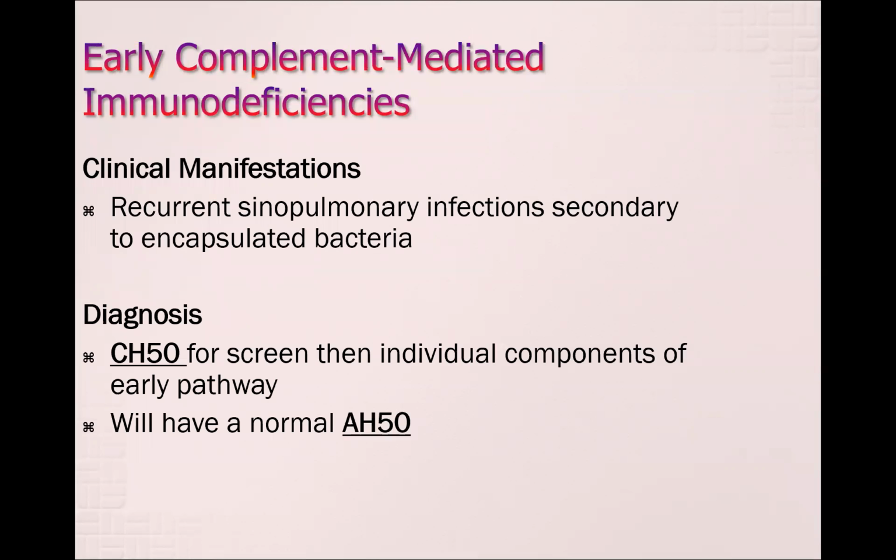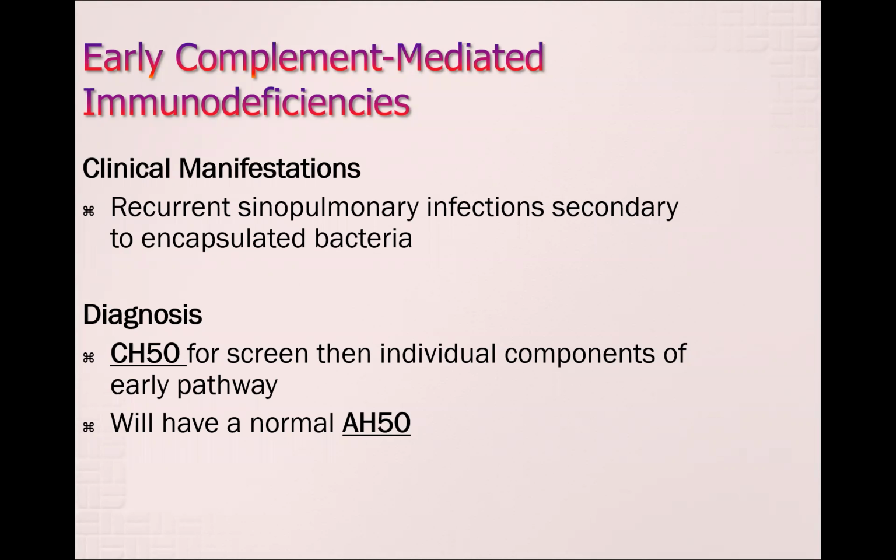So again, recurrent sinopulmonary infections, typically encapsulated organisms, causing you issues for your early complement-mediated immunodeficiencies. The textbook way of knowing if somebody has a complement-mediated immunodeficiency is to get what is called a CH50 and an AH50, which assess the common pathway and the alternative pathway of the complement cascade.